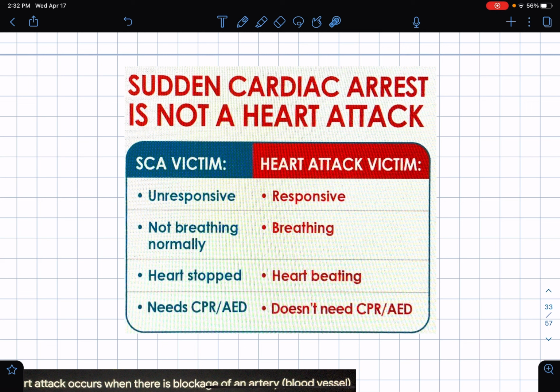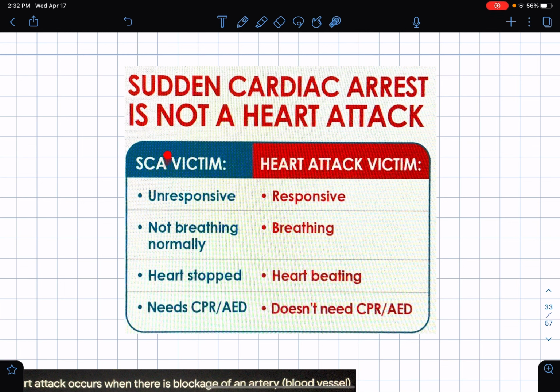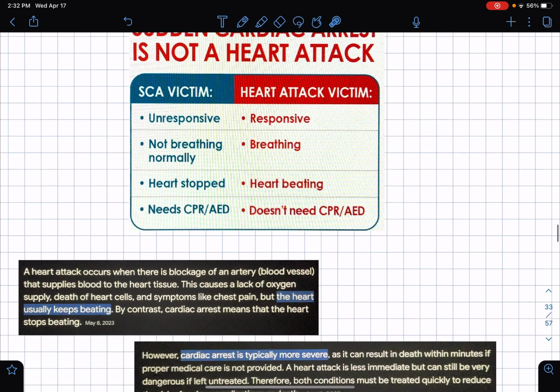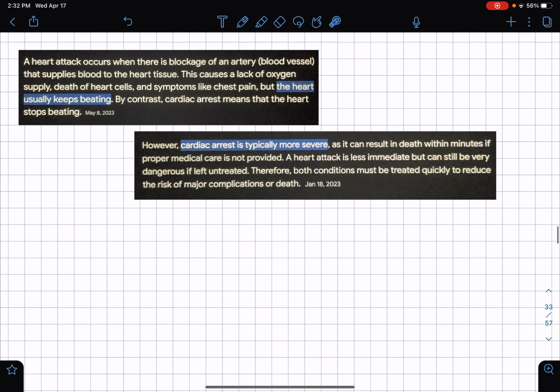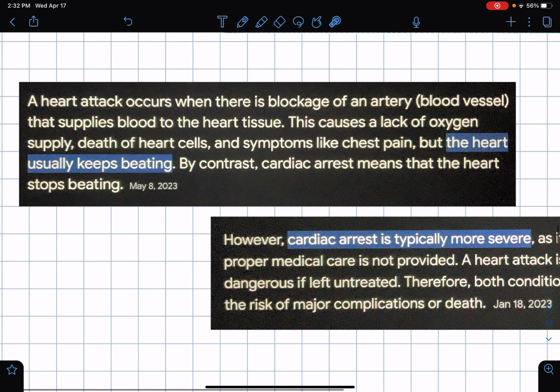It's basically pushing the chest with the rhythm of Staying Alive, something like that. But for cardiac arrest, the victim is unresponsive. He or she is not breathing normally. The heart will have stopped, and CPR will be an important procedure that can be done even without a hospital.